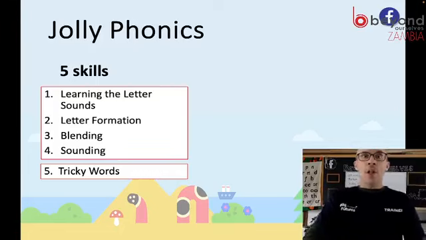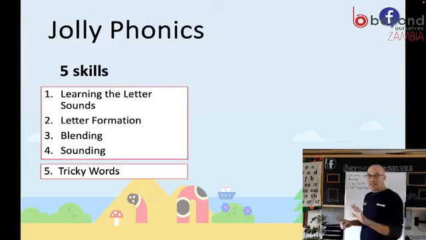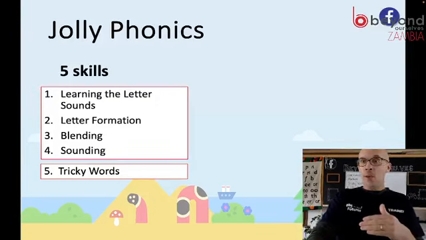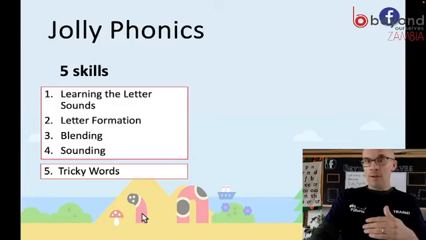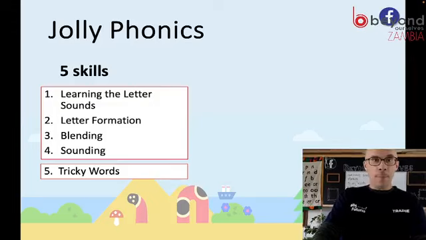Okay, so those are the 5 skills, and the last skill is tricky words, and we're going to be looking at that today. But we've been looking at the first 4 skills, particularly when it comes to the steps of a Jolly Phonics lesson. So if we keep on clicking through this, is that going to work now? Maybe it's not.